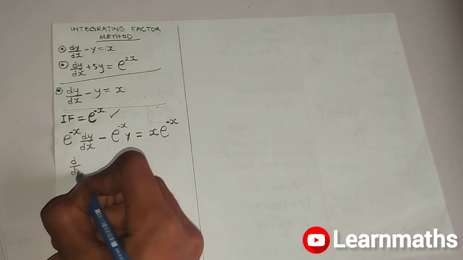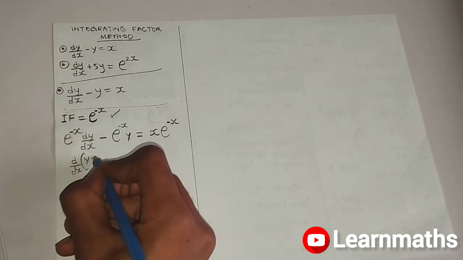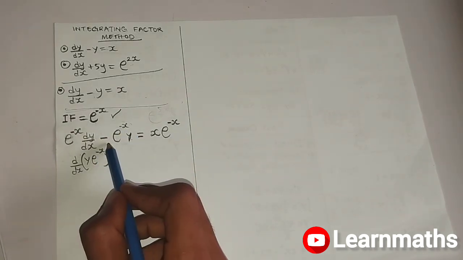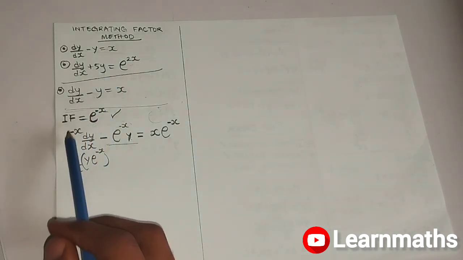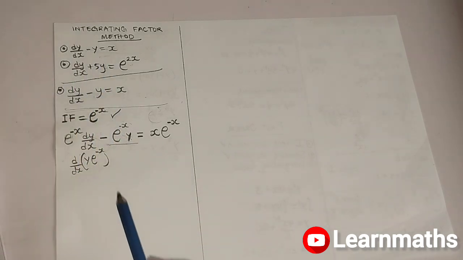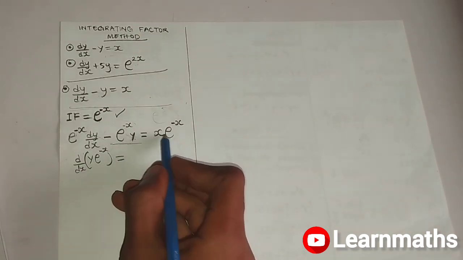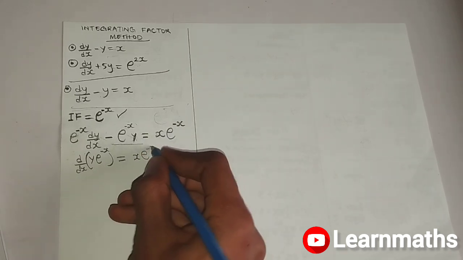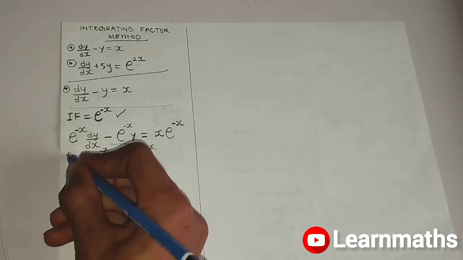The middle term, we're going to leave out for this next step, because it was the term we used to derive the integrating factor, so there will be no need to include it in this next step. So I'm going to equate this to x times e to the negative x. So we're going to integrate both sides now.